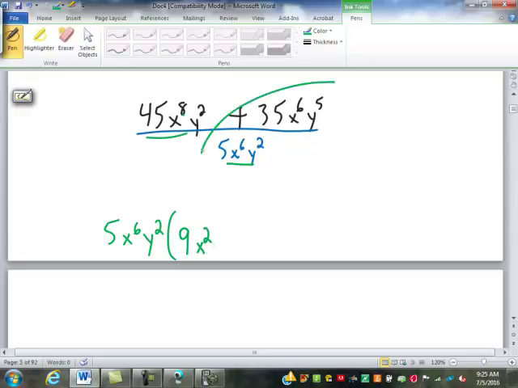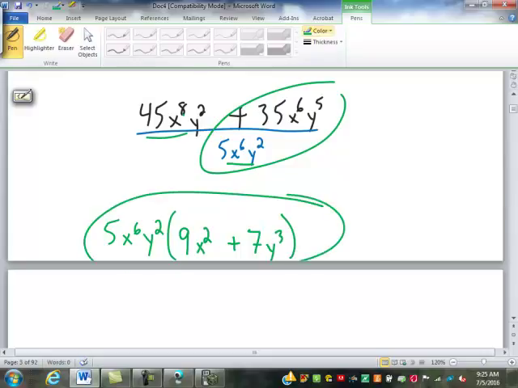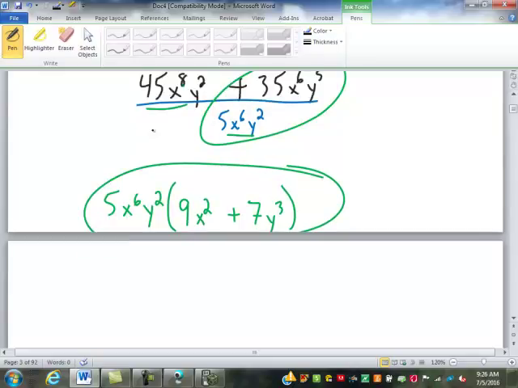It cancels out. 35 divided by 5. Positive 7, so plus 7. X divides out, y to the third. Any questions? How many of you had that?